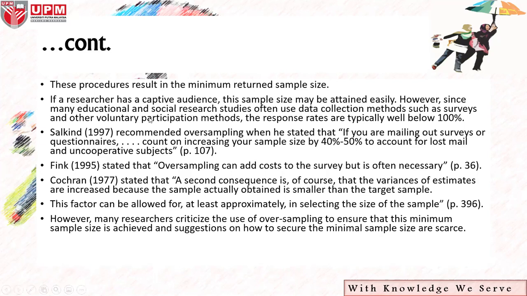Okay, if a researcher has a captive audience, this sample size may be attained easily. However, since many educational and social research studies often use data collection methods such as surveys, online survey, and other voluntary participation methods, the response rates are typically well below 100%.